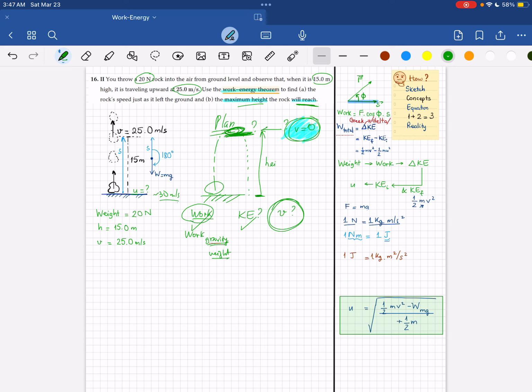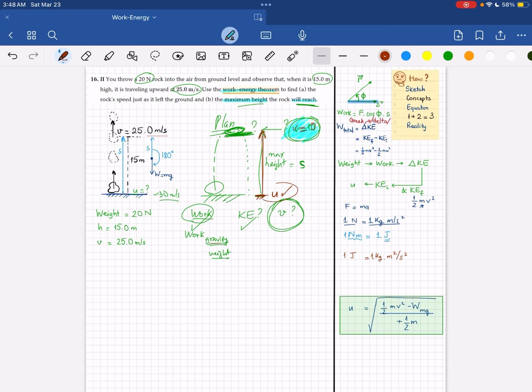This should be the maximum height. And that should also be the displacement for the rock to travel from the ground to where it gets v equal to 0.